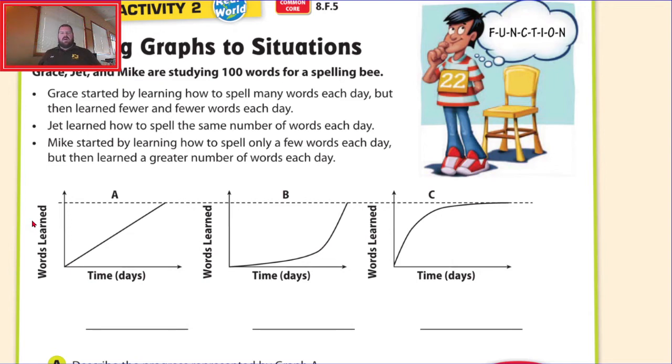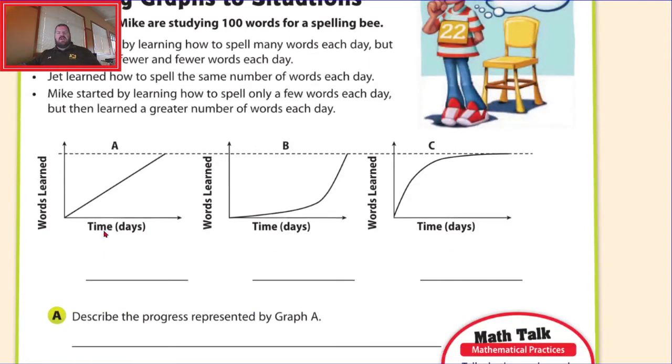Grace learned how to spell many words each day, but learned fewer and fewer words each day. Jet learned how to spell the same number of words each day. And then Mike started by learning only a few words each day, but then learned a greater number of words each day. Based on that information, whose graph is whose? Who matches up to A, B, and C?